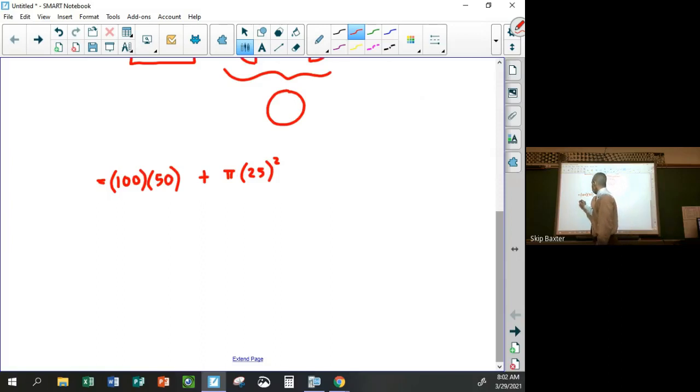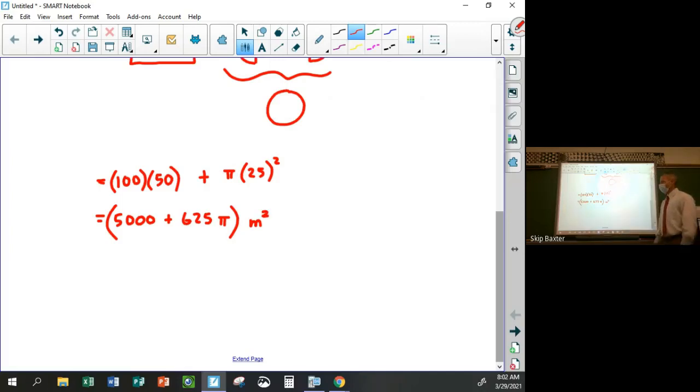So that's it. This just ends up being 100 times 50, which is 5,000, plus 25 squared is 625 pi. This would be like the exact answer, and that's as simple as you can make it. You can't combine those in any way because they're not like terms, but that's the answer. It would be 5,000 plus 625 pi square meters.